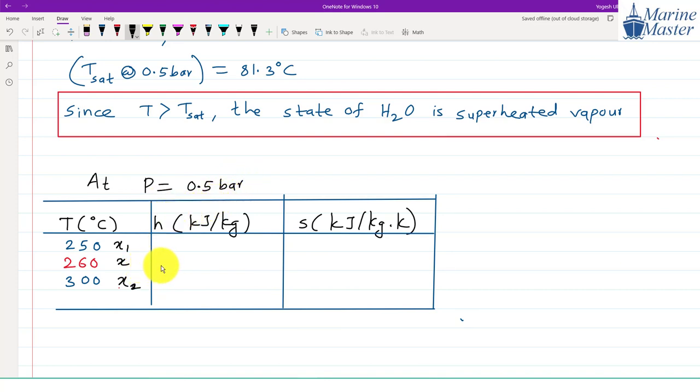So now observe the scenario here. Very simple discussion. The corresponding value of H is what we have to find out. So for this 250 degrees Celsius, what is the value of H we have? We will go to the property table.